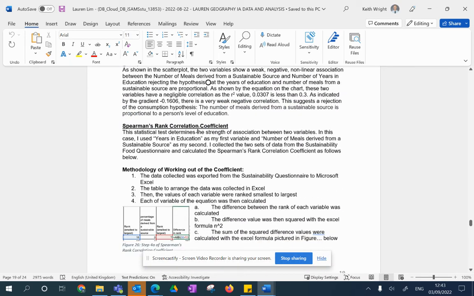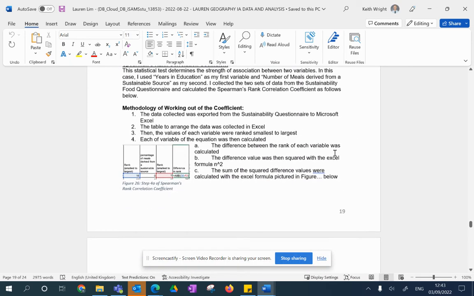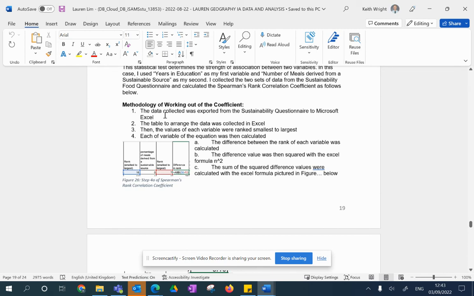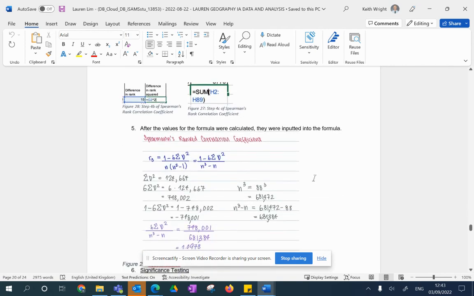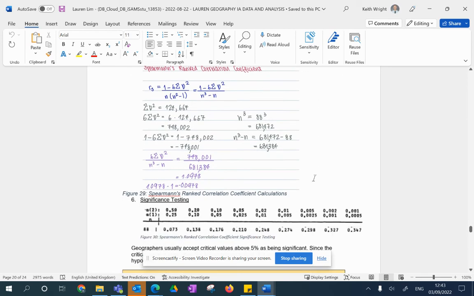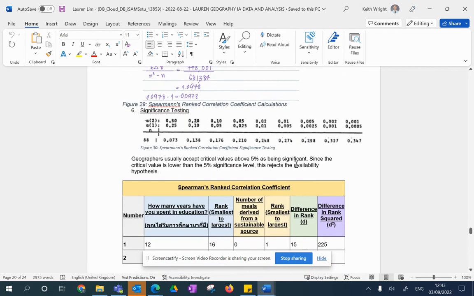Okay. It's difficult to read that. Okay, a little bit blurred.